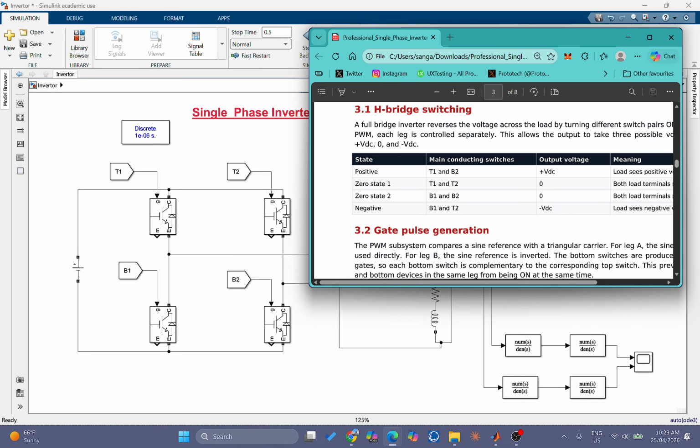If B1 and B2 are turned on, then it will again be 0. And to see the negative voltage, B1 and T2 should be turned on, then your load will see the negative voltage.